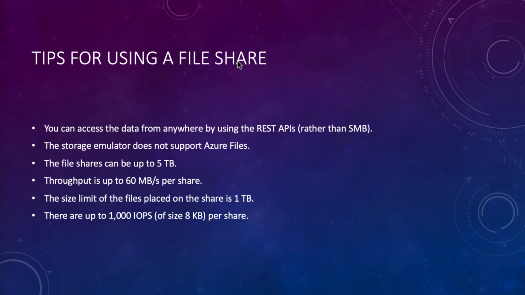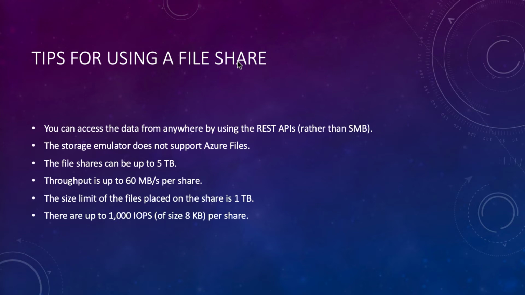The other thing is throughput is up to 60 megabits per second per share. So that's possibly another good reason to break down your shares into smaller pieces and locate them in different locations. And the size limit of files placed on the share is 1 terabyte. So you can have 5 times 1 terabyte in a share.